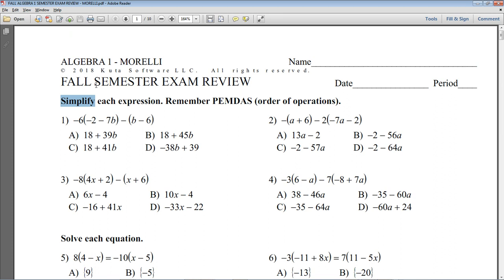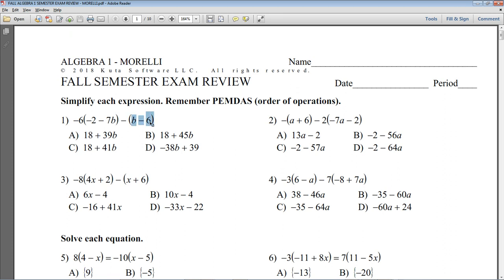Now, just a point of vocabulary, the terms inside the parentheses, because there are two terms, here's a -2 and here's -7b. This is called a binomial because there are two terms. There's -7b and -2. Over here's another binomial, bi meaning 2.